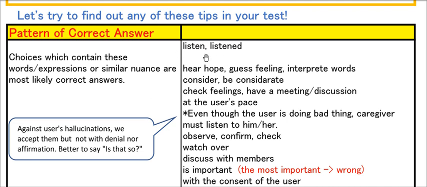I listened, he listened, very good. Hear the user's hope, guess feeling of the user, interpret words of the user. These are very good. Consider, be considerate, very good. Check feelings, have a meeting, discussion. At the user's pace. These are very good, right?